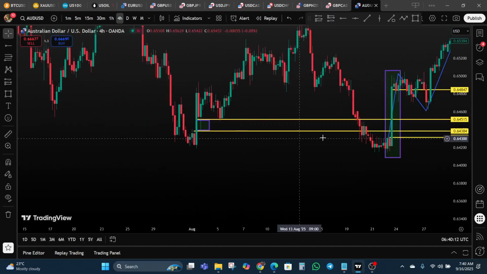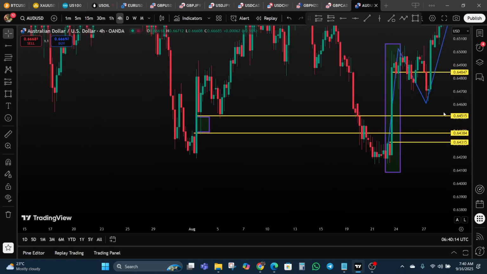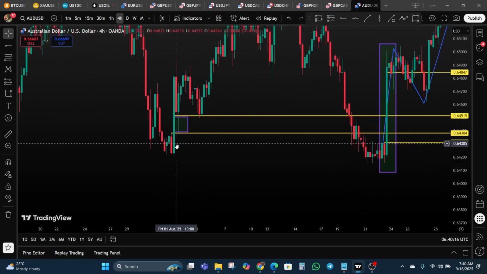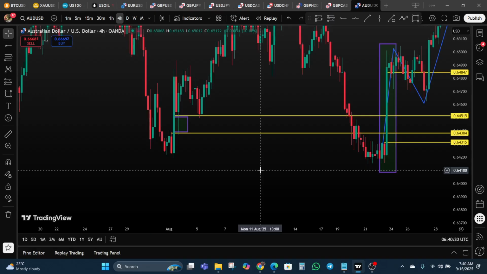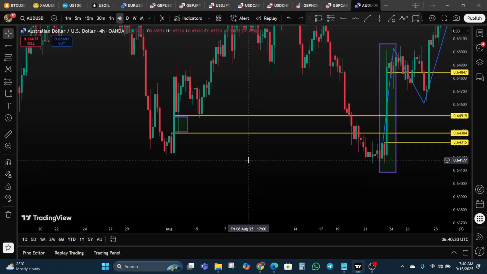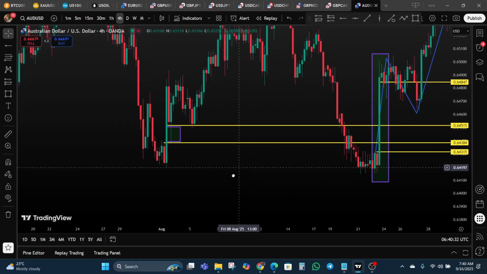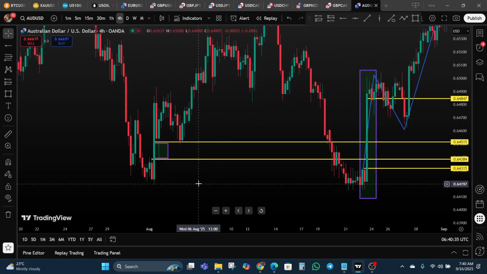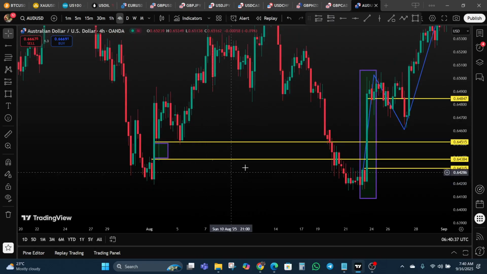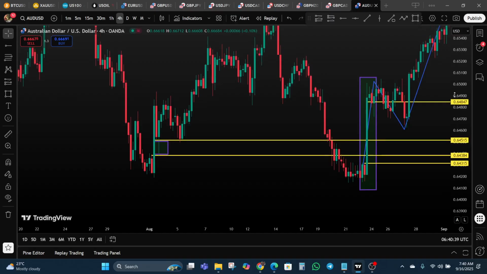Similarly, when you line up a BPR with a fair value gap, you are stacking multiple reasons for price to react in that area. And don't forget liquidity pools. Often BPRs form near areas where liquidity is resting, which makes the setup even cleaner.